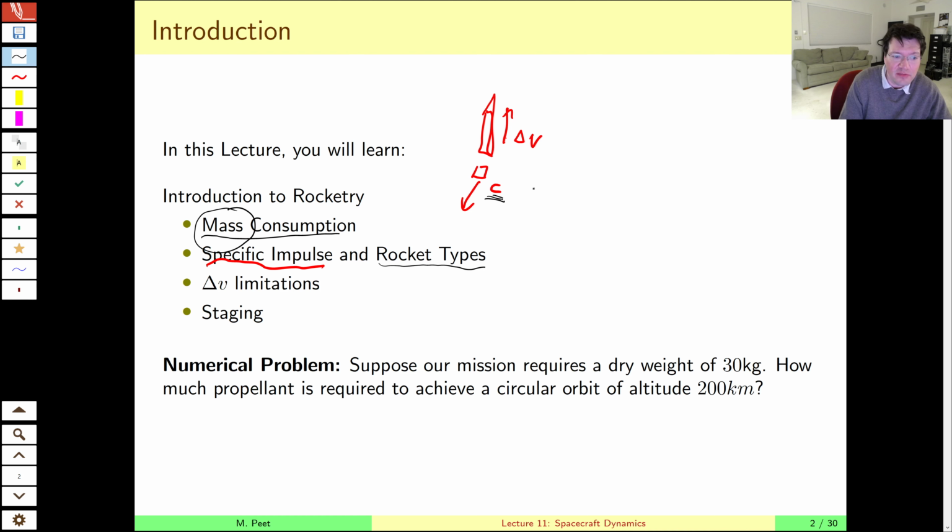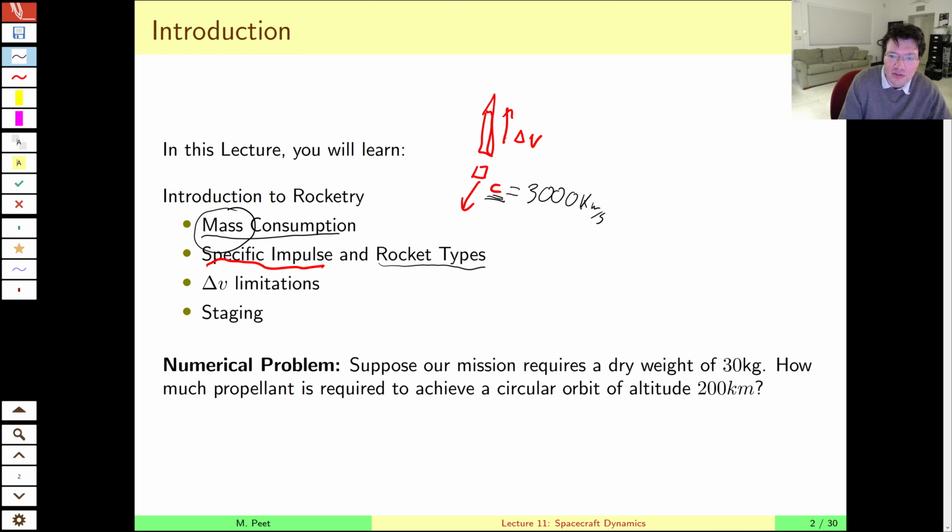So we'll talk about a little bit of that. And we'll find out, ultimately, this has been an issue for a long time, that there are limitations to what we can do. So most specific impulses, that is, the speed at which we can spit fuel out the back, for most normal rockets, that speed is limited to about 3,000 kilometers per second, right?